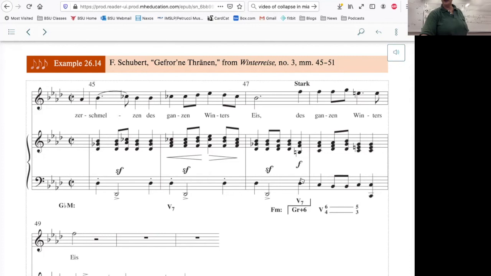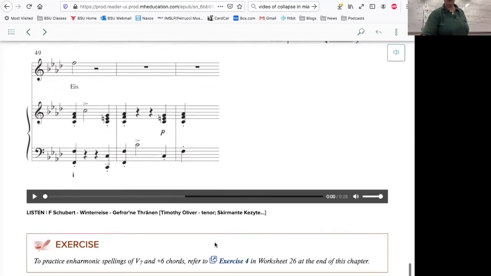It's D flat, F, A flat, C flat, except that the note is spelled as a B natural to reflect the fact that it's also a German 6th in the key of F minor. And it resolves as a German 6th with the B natural going up to C and the D flat going down to C. Let's listen to this example.